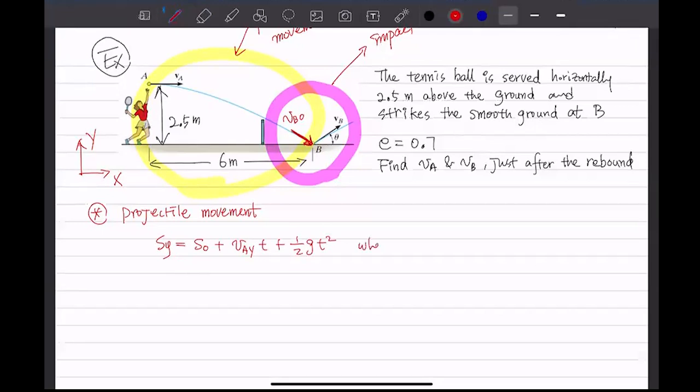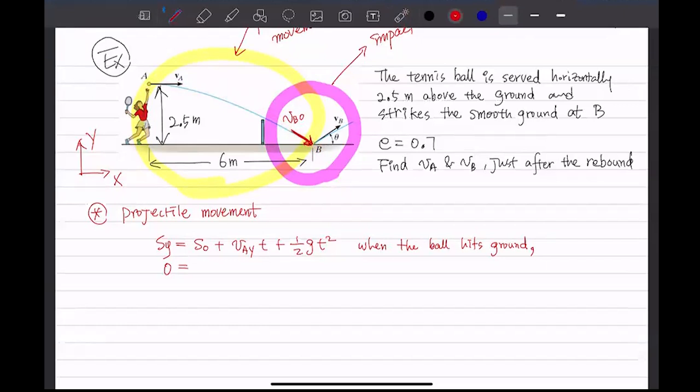when the ball hits the ground, it's going to be 0 equal, because the vertical displacement was 2.5 and it decreased down to 0, right? There's no vertical displacement.